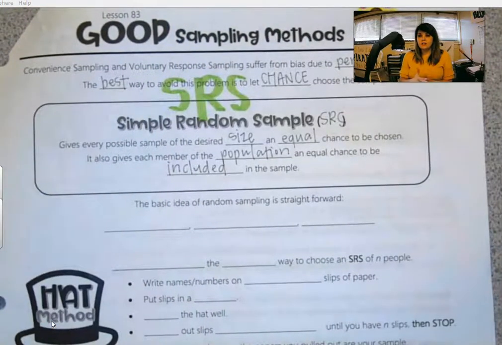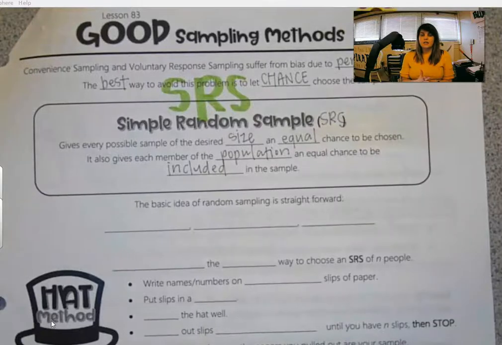So basically what this boils down to is I have the same chances of gathering a sample of size 10 as I do gathering a sample of size 20, and each of those sizes has the same probability of getting chosen. I probably didn't describe that excellently, but essentially every possible sample of the desired size has an equal chance of being chosen.